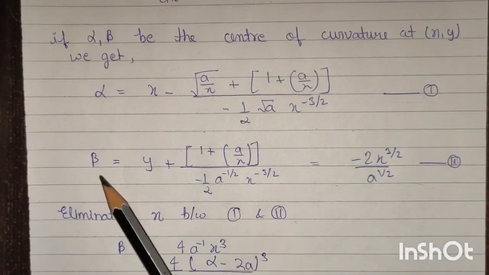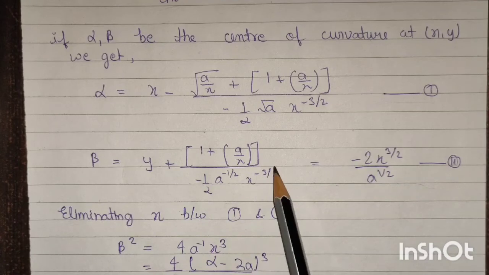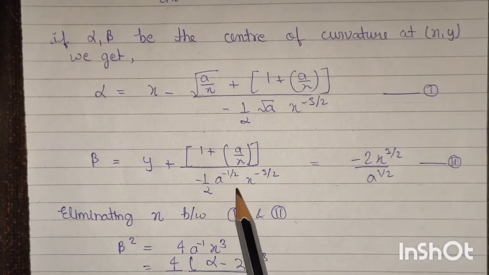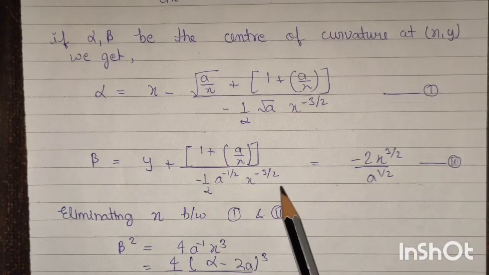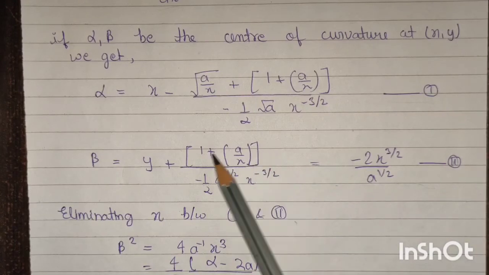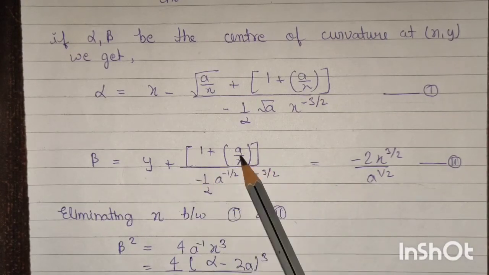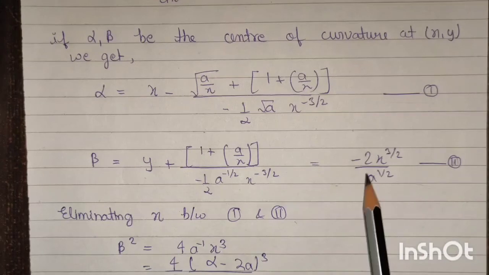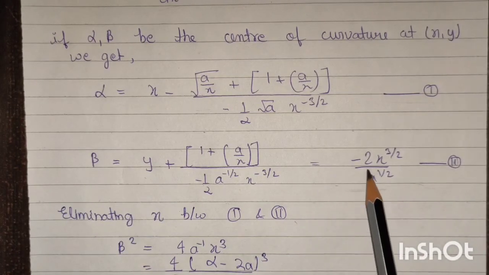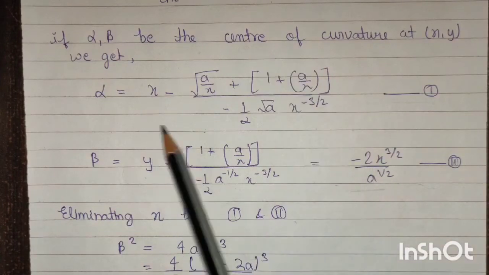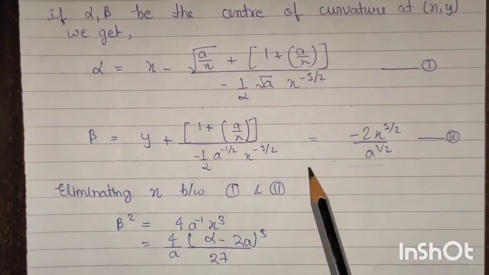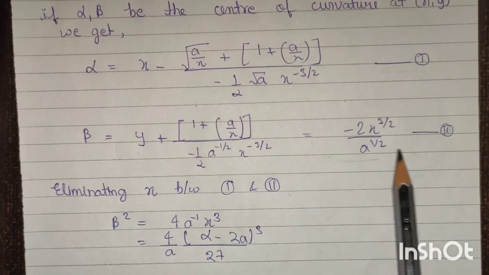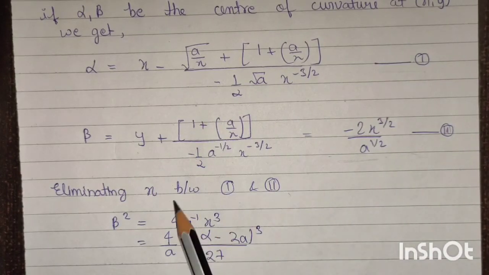Using the formula β = y + (1 + (dy/dx)²)/(d²y/dx²), and after substituting the values we get y + (1 + a/x)/(-1/(2√a) x^(-3/2)), we get -2x^(3/2)/a^(1/2), equating it as equation 2.